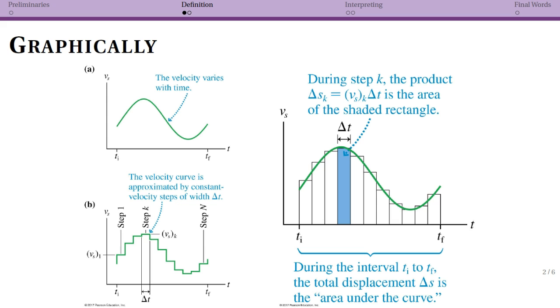So, to start with, let's think of what's going on graphically. If we have a velocity that is changing with time, we need to think about how to get displacement from that.